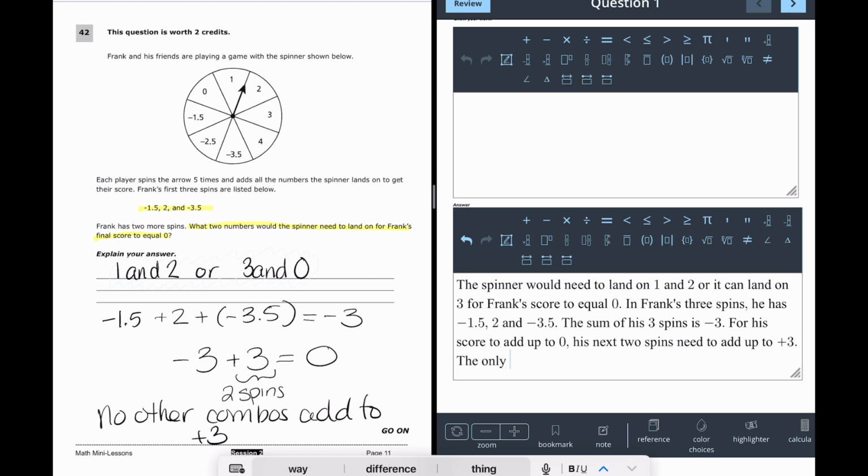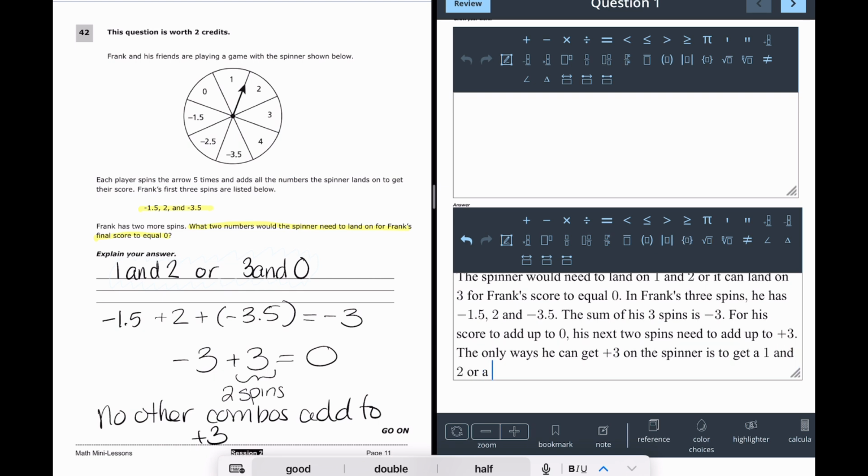The only ways he can get positive 3 on the spinner is to get a 1 and 2 or a 3 and 0.